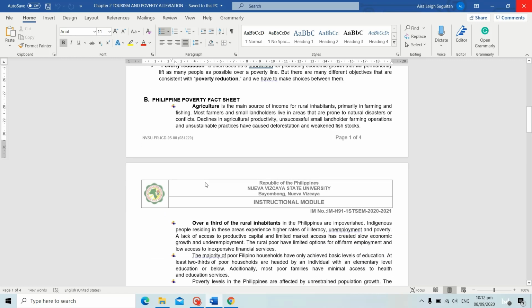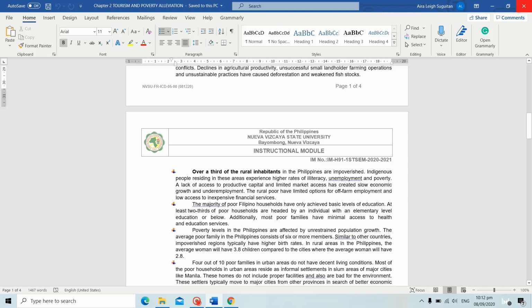So, another poverty fact would be over a third or more than 1/3 of the rural inhabitants in the Philippines are impoverished or below the poverty line. Indigenous people residing in these areas experience higher rates of illiteracy.